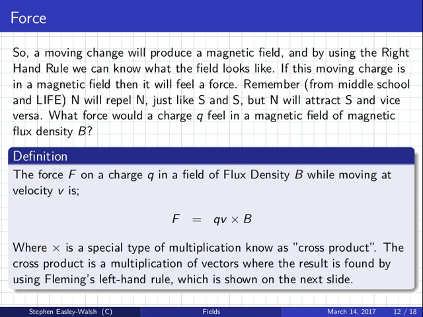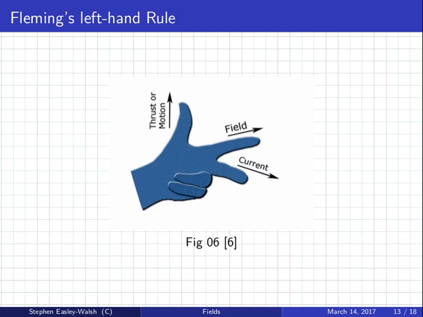Can I go to the next slide? Show you Fleming's left-hand rule. So, this is how it works. Using your left hand, you put this finger in the direction of the field. So let's just say, we'll keep it easy. Let's say there's a big magnetic field in this room, and it's going towards the door.